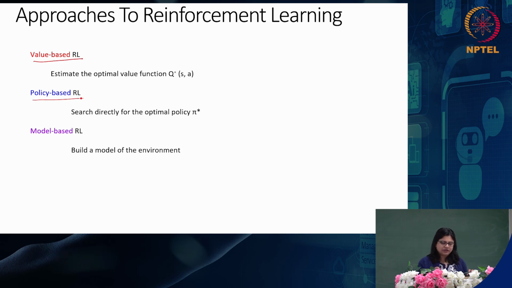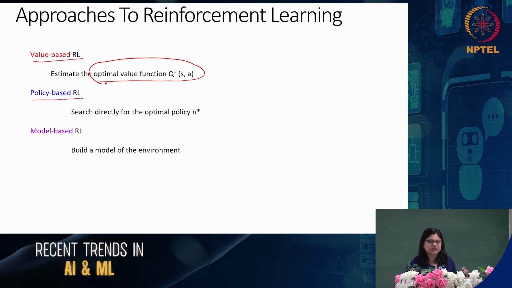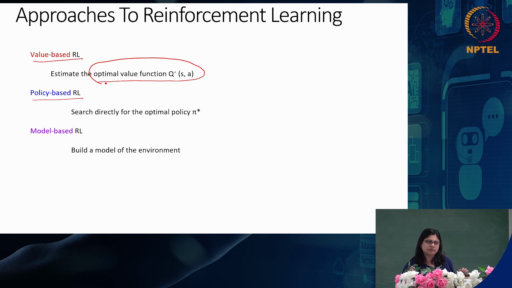In value based RL, we are trying to find the optimal value of this Q. As I mentioned already, this Q is a kind of quantification. Given a particular state and action A, it will basically try to quantify the goodness of a particular action given a state.